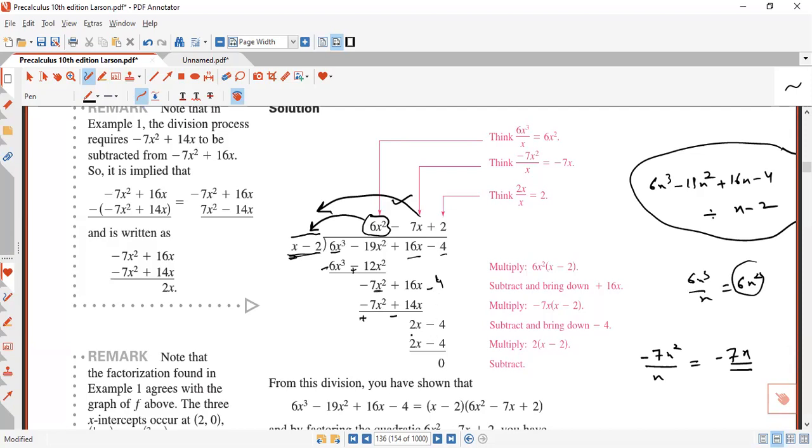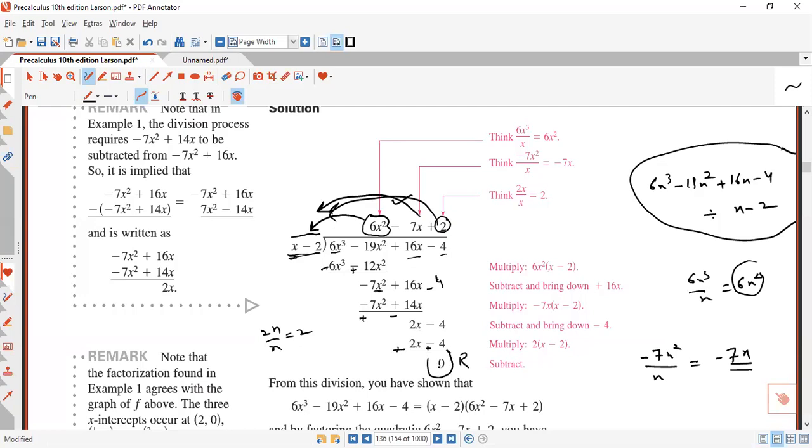Now you apply this process a third time. You see the first term here and the first term here. 2x divided by x becomes 2. Write 2 in the quotient and multiply it with the divisor, which gives 2x minus 4. After subtracting, you get 0 and 0. So this is our remainder.